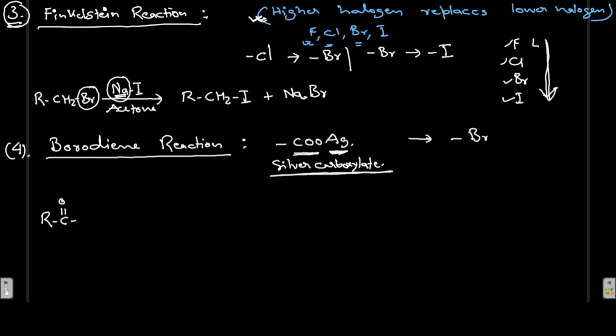RCOOH. This is COOH, which means carboxylic acid. When carboxylic acid is treated with silver carbonate, what will happen? RCOOAg will be formed, this silver carboxylate.